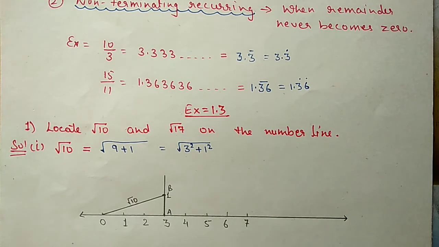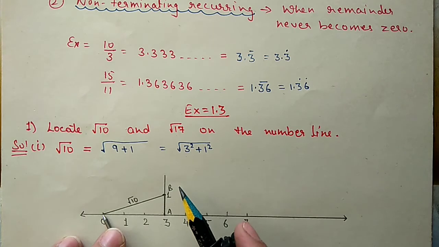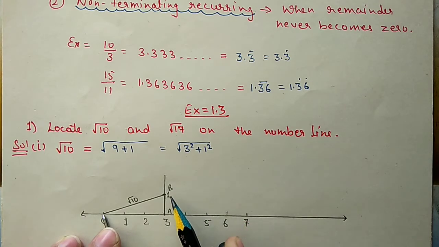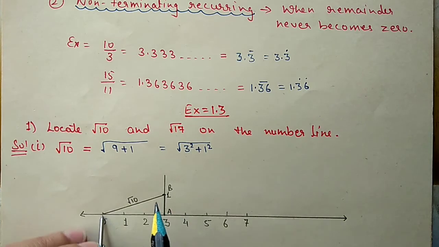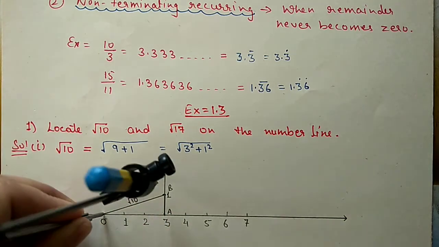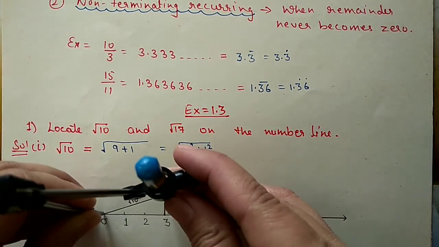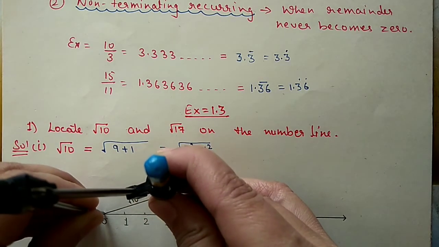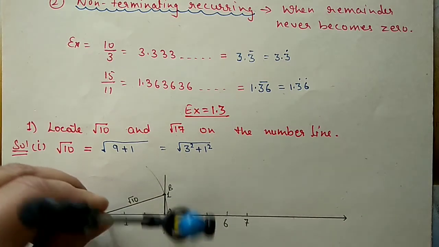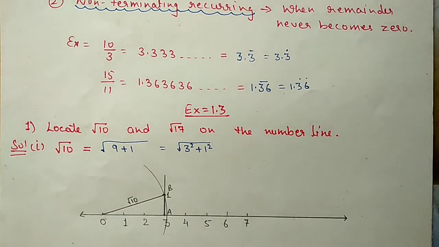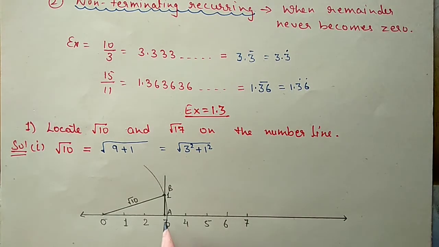So for that, what we will do, we will keep our compass nib at O and we will take the distance till B. Keep your compass nib at O and draw one arc. This arc should pass through B. And this arc will touch this number line at a certain point.